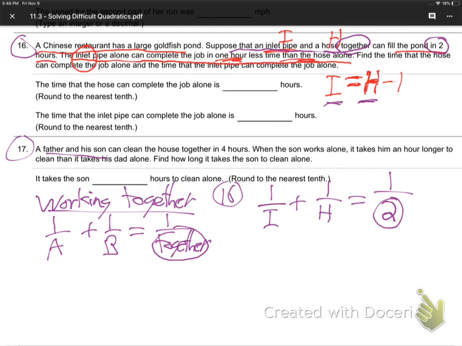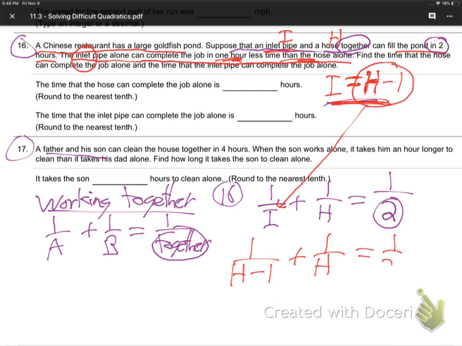So there's our formula. Now, we can't have 2 letters, so here's what we do. We got this relationship right here, right? That the inlet pipe is hose minus 1. So take this right here, plug it in for inlet. It's hose minus 1. And there we have an equation with only 1 letter, so we can solve that for the hose.